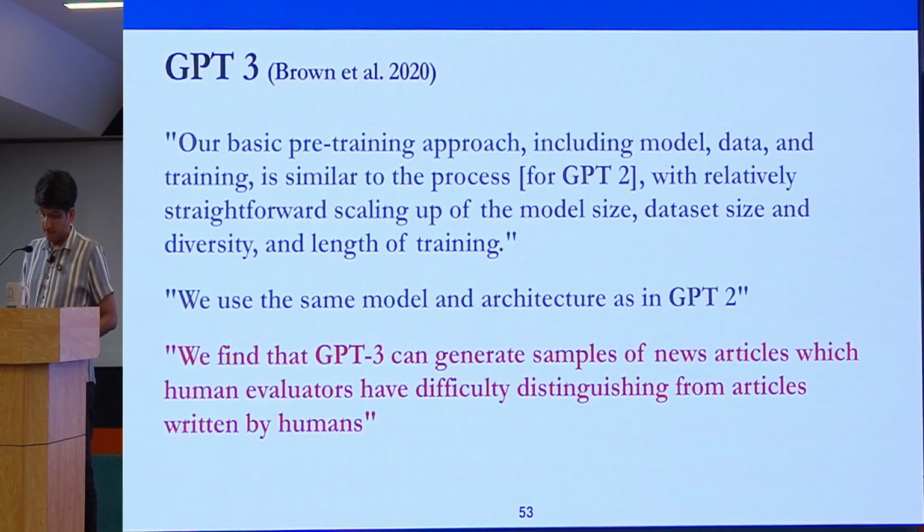And they very clearly say our basic pre-training approach, including model, data, and training, is very similar to GPT-2, which is a relatively straightforward scaling up of the model size, dataset size, and diversity and length of training. So just more data, bigger model. We use the same model, same architecture. And same problems, like humans can't identify GPT-3 output from human output.